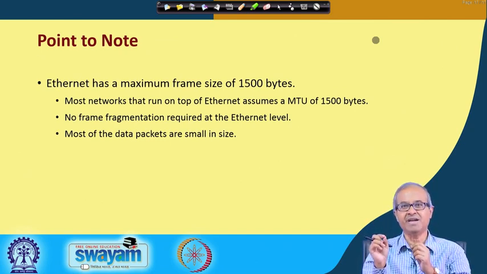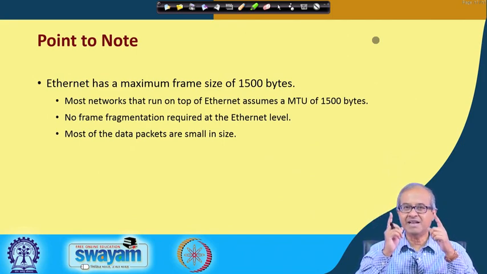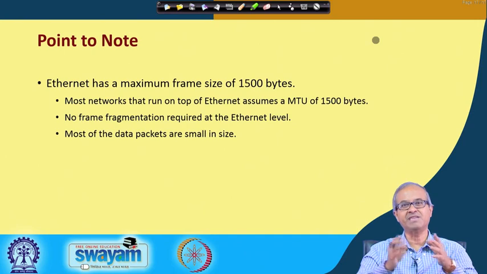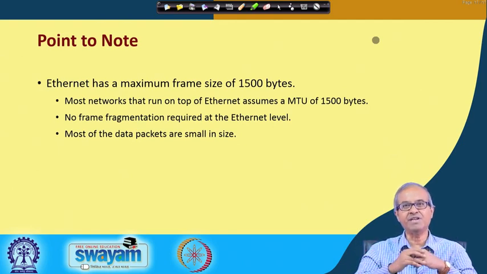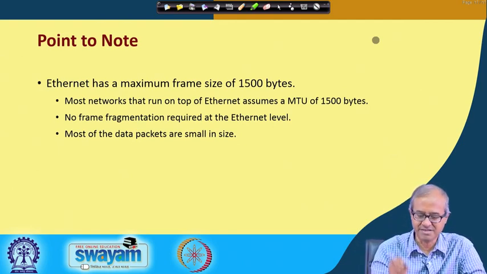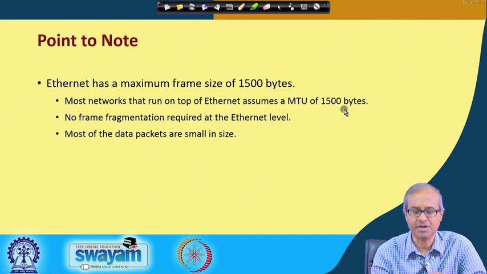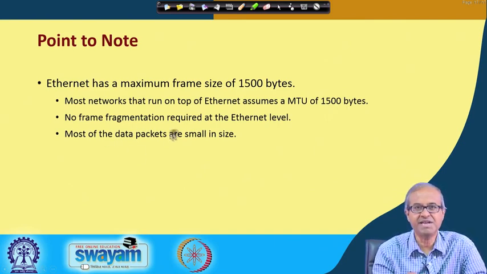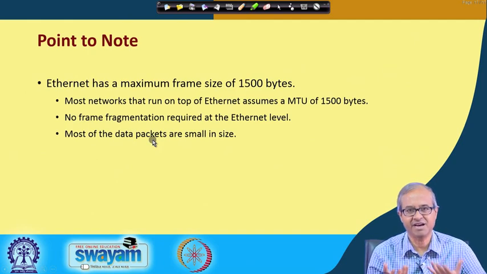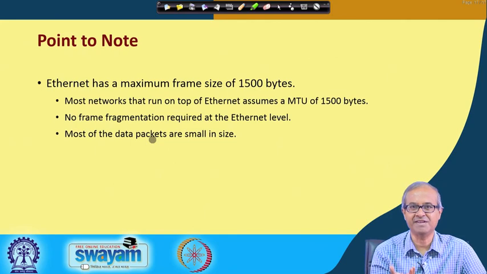Just to avoid that, some of the IP layers put a restriction that let us also limit the packet size to 1500, MTU of 1500, so that at the Ethernet level we do not have to carry out any additional fragmentation. This is one of the important points. And the other important thing is that most of the IP packets that are generated are anyway small, they are less than 1500.